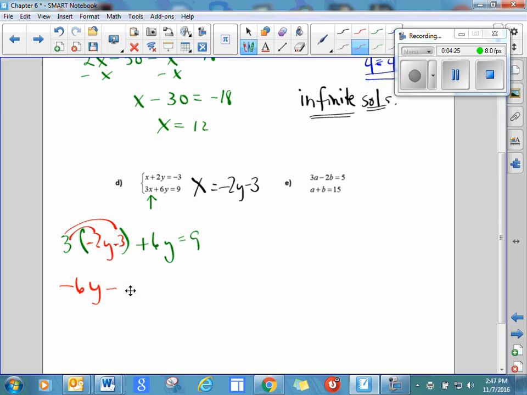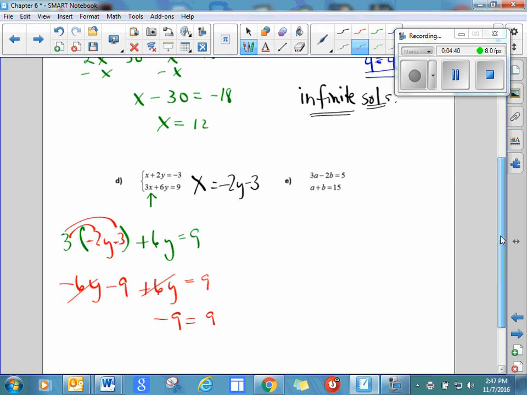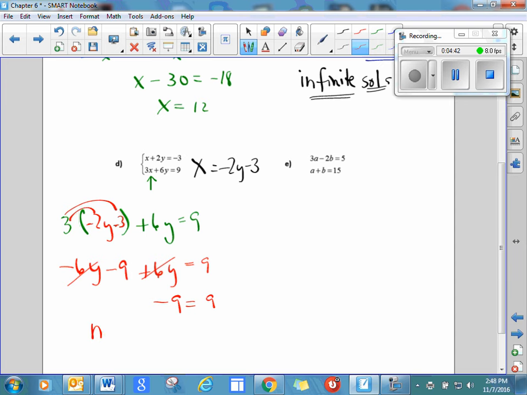Minus 6y minus 9 plus 6y equals 9. The 6y's cancel. They're opposites, they add to 0, and we're left with a statement minus 9 equals positive 9. And of course, this is never true. So this is a situation that's the exact opposite of the one we just did. This is never true. Therefore, that's what these 3 dots in the shape of a triangle mean.